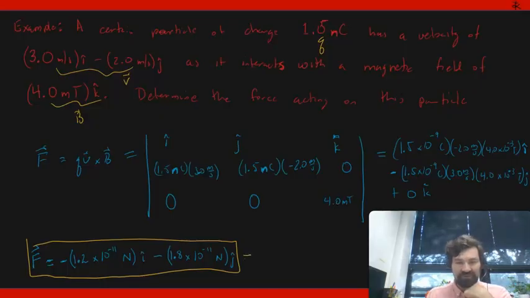For what it's worth, this vector can be rewritten in terms of i hats and j hats as negative 1.2 i hat plus 1.8 j hat times 10 to the minus 11 newtons.